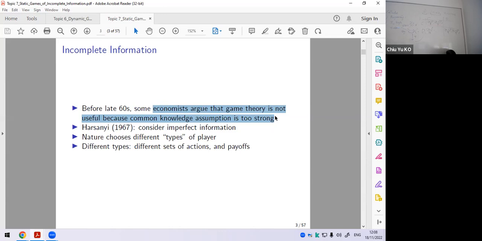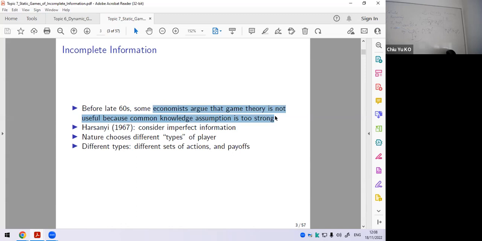Because we change it to a game where we allow an agent called nature. Nature decides the cost structure of firm 2. That is the idea. Let me repeat. It's not that easy to see, because this is a breakthrough of this whole game theory; before him, no one actually thought about this. So the main idea is the following.